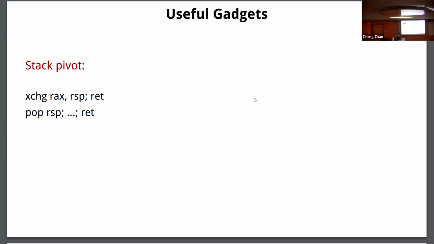Then we are swapping the stack to another place, not the original stack. We go to another place we can control. Then we don't have the limitation of the overflow stack anymore. Right? Of course, if you can find a pop RSP gadget, you can also do that. So we actually have a challenge today. You need to use that.